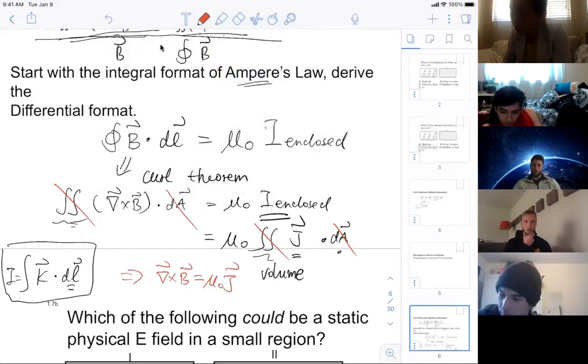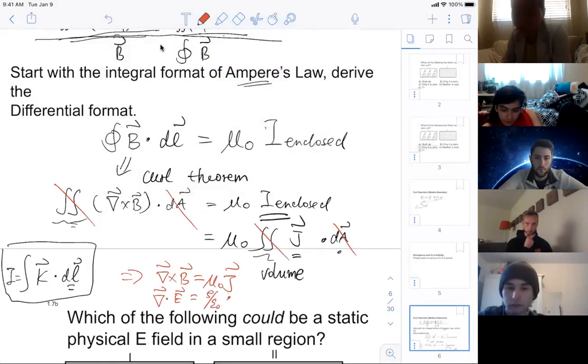So curl of B equals mu naught J is the differential form of Ampere's law. And it's telling us that just like how volume charge density gives us the E field, the volume current density gives us the B field.